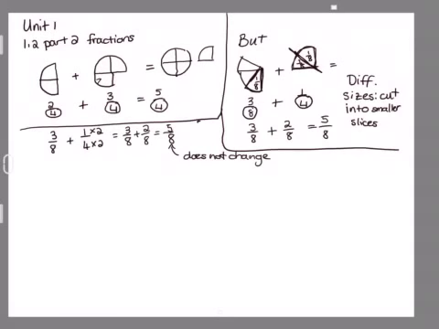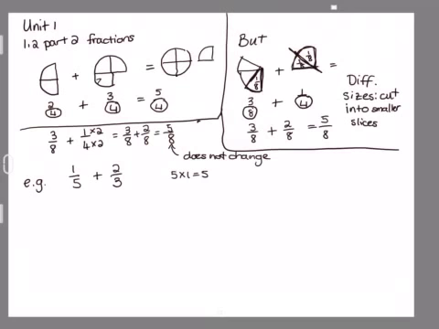Right, let's do an example from scratch without the pictures. What if I had 1/5 plus 2/3? So now I'm going to say, I need the same denominator. How on earth do I get the same denominator? Take your biggest one, the 5, and look at 5 times 1 is 5.